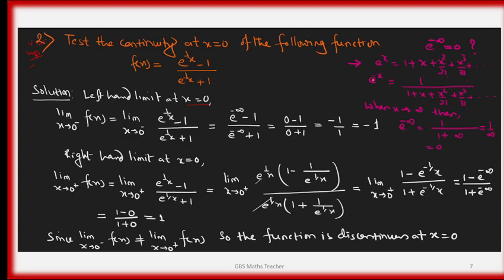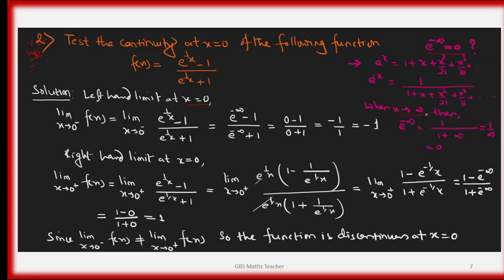I will show how e to the power minus infinity equals 0. We know e^x = 1 + x + x^2/2! + x^3/3! and so on. Similarly, e^(-x) is 1/e^x, that is 1 whole upon 1 + x + x^2/2! + x^3/3! and so on.